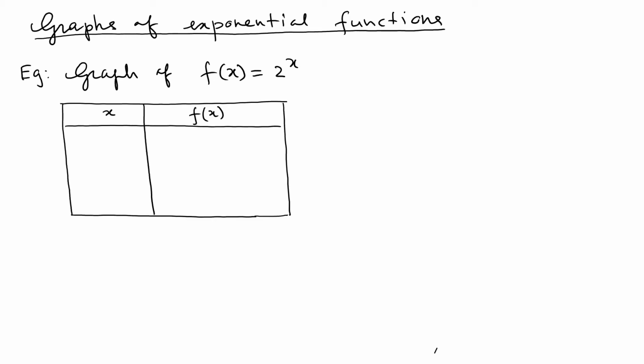We can evaluate the function at, let's say, -2, -1, 0, 1, and 2. 2 to the 2 is 4, 2 to the 1 is 2, anything to the 0 except 0 is 1, 2 to the -1 means 1 over 2, and 2 to the -2 means 1 over 2 squared, which is 1 over 4.